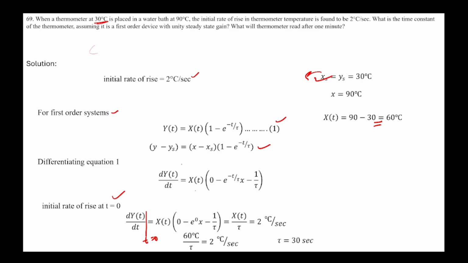If you differentiate this whole equation, ys is the steady state value, that is constant, so you will get yt, the value at some time, 0 minus e to the power t by tau into 1 minus 1 by tau. Put the values, so you will get xt by tau is equal to 2 degrees per second, which is the initial rate of rise of the temperature. Put xt, and tau will be 30 seconds.